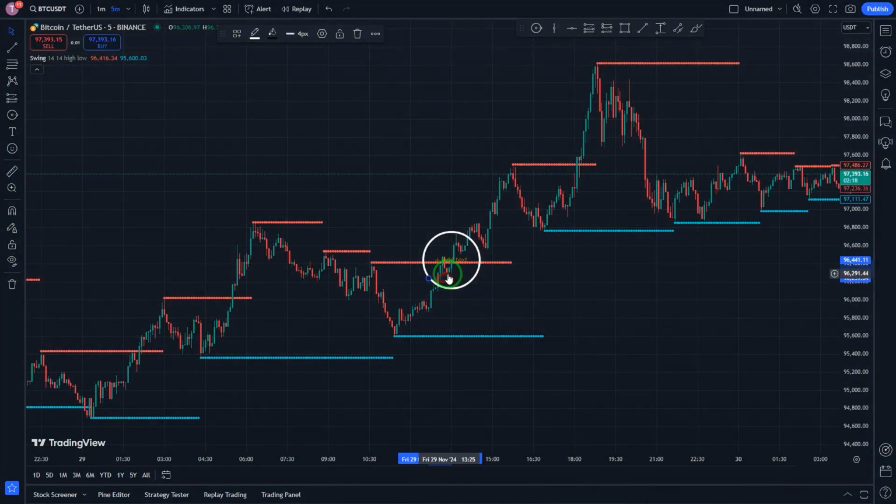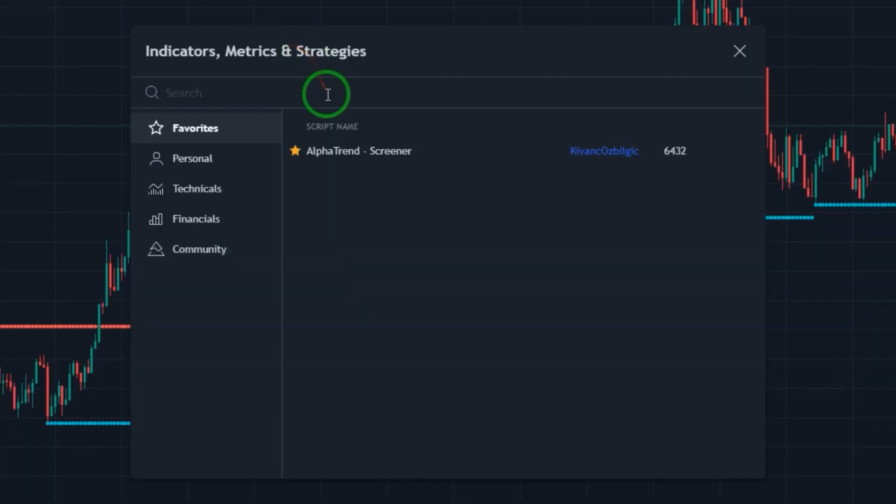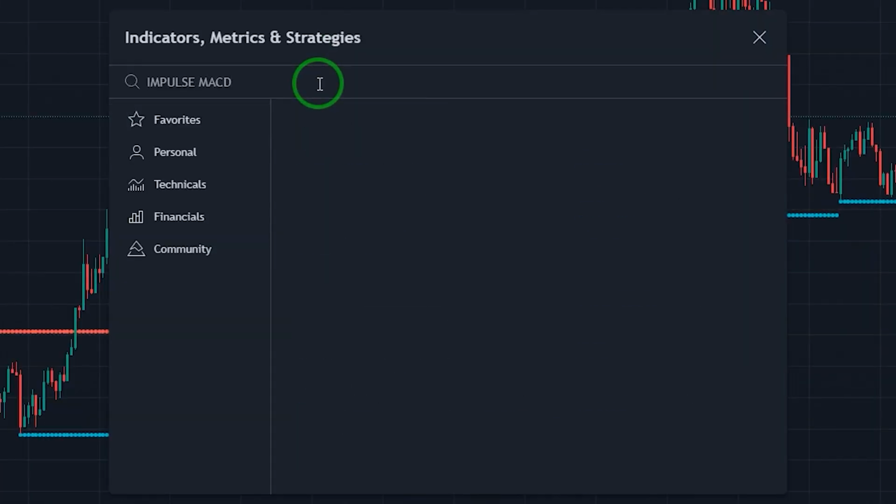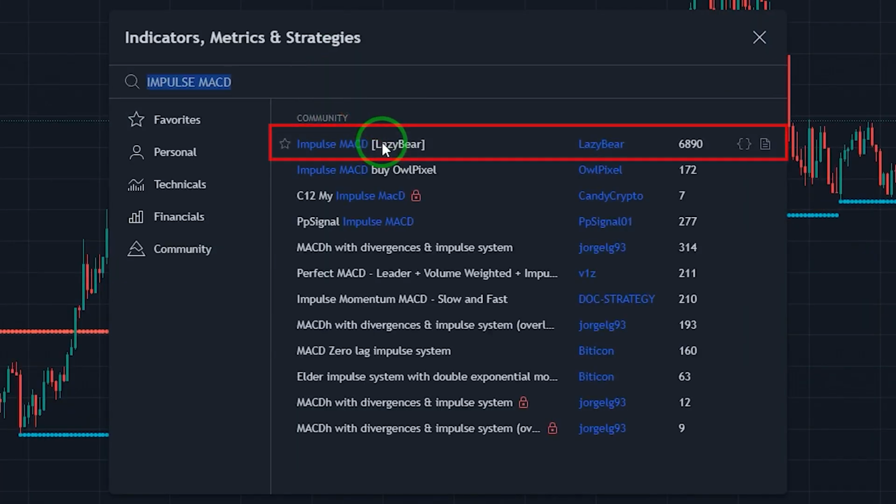Now, we need to know that one indicator doesn't always give us a high win rate, so we need to add other indicators as well. In this strategy, we only need one more indicator. So we go back to the Indicators tab and search for Impulse MACD. When we find it, we click on it to add it to the chart.